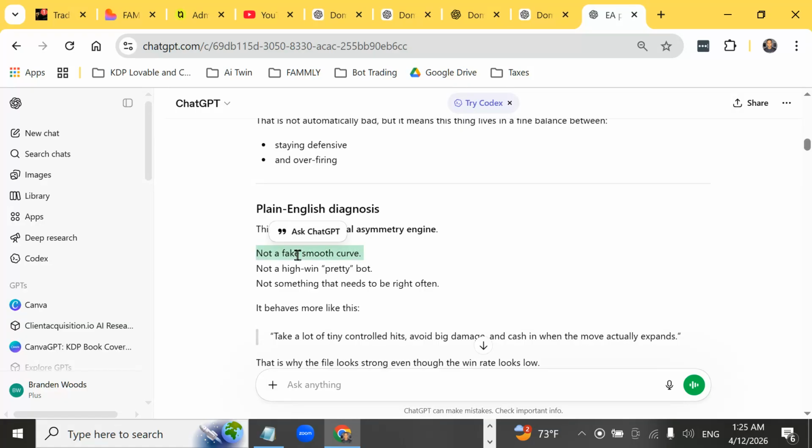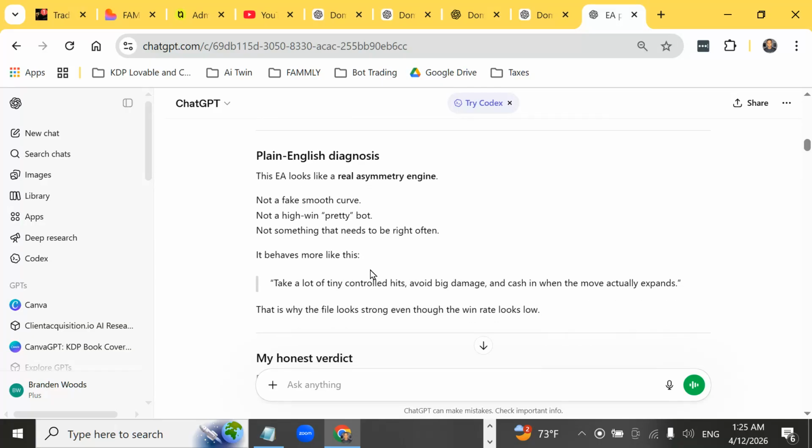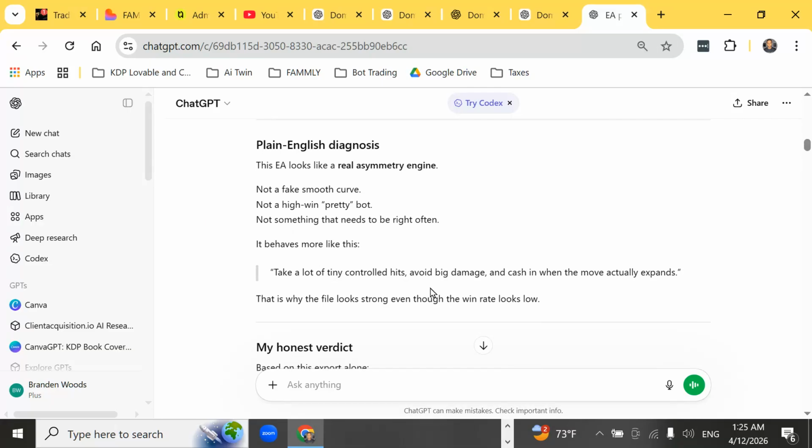Not a fake smooth curve, right? Not a pretty bot, crazy win rate, right? And it doesn't need to be right often, so it's just gonna tap and tap and tap, and then when it actually pushes, then it's time, and that's it. But that's what you want for prop firms. You really don't want to have a ton of drawdown associated with it, and you want to just push that thing forward.